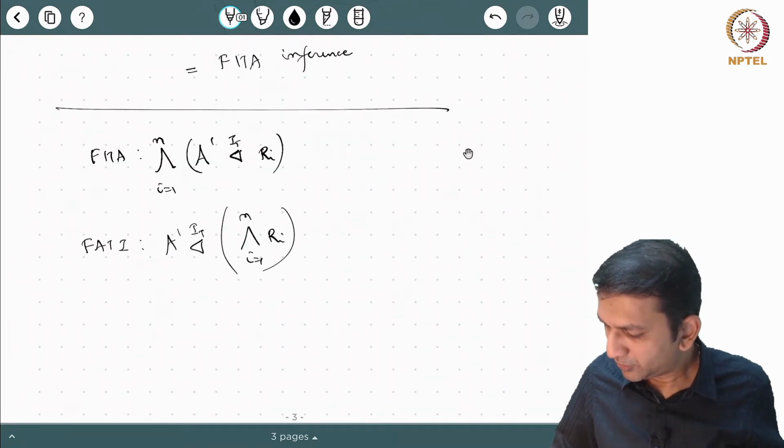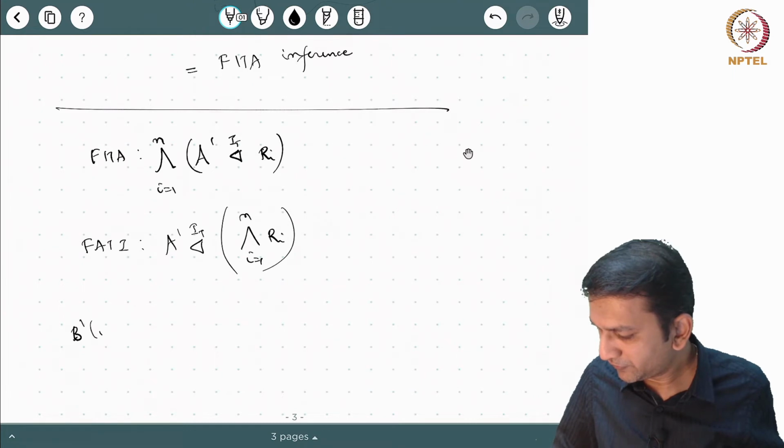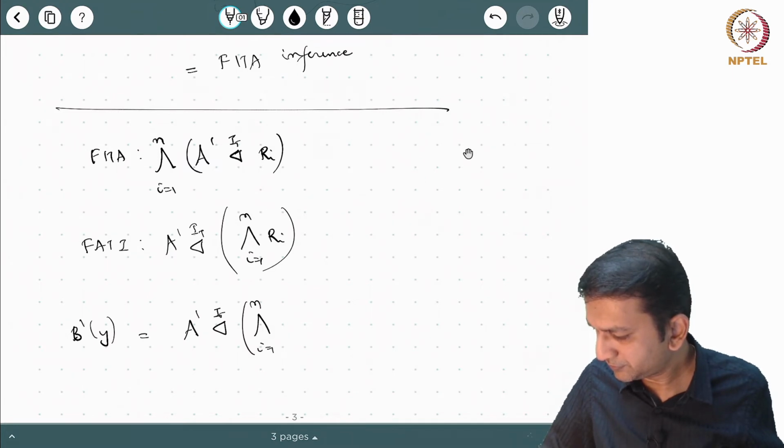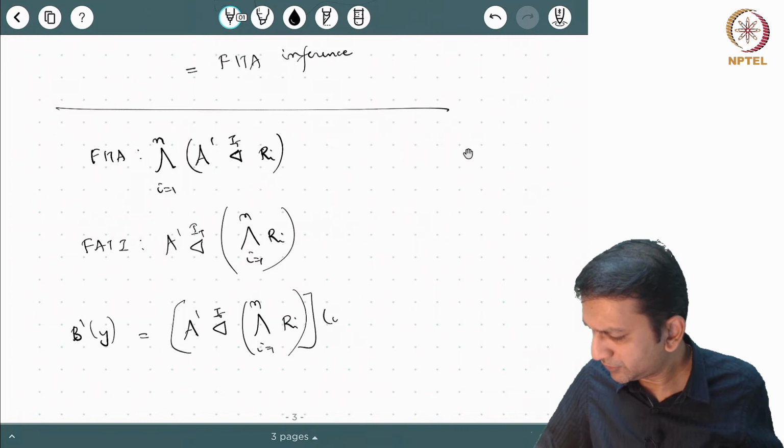Well, once again, if you start with FATI at a particular y, we know that it is nothing but A dash composed with Ri at the particular y.